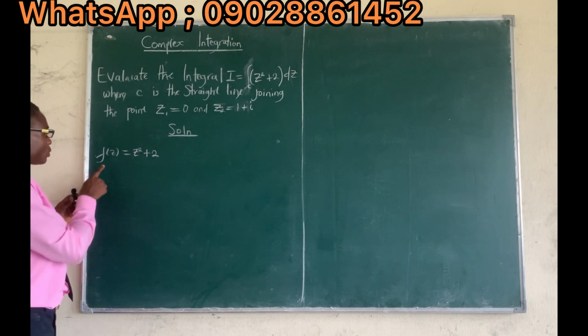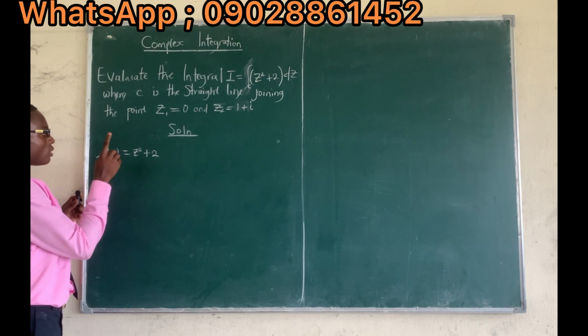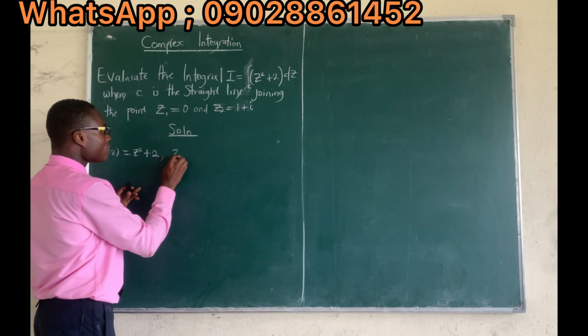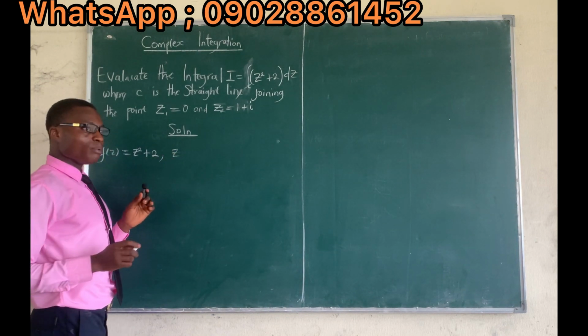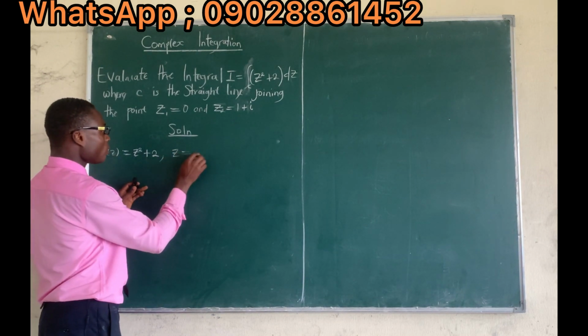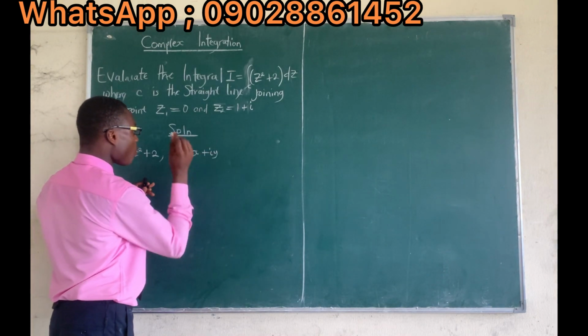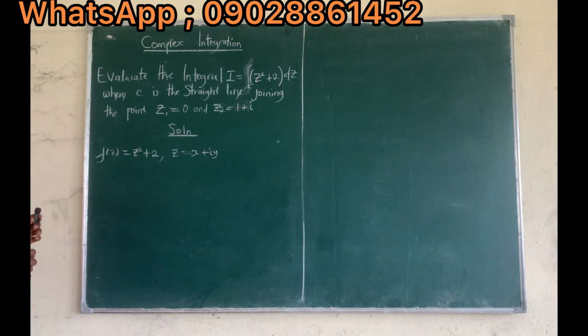But don't forget that z is a complex variable, which is equal to x plus iy.